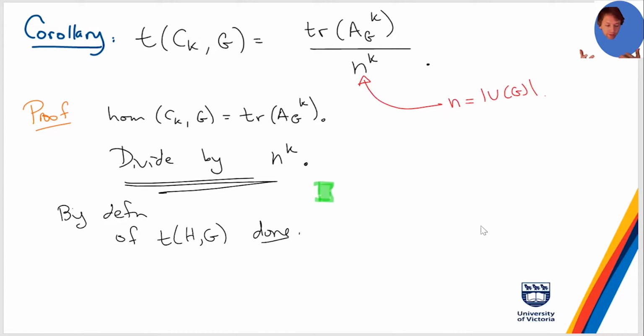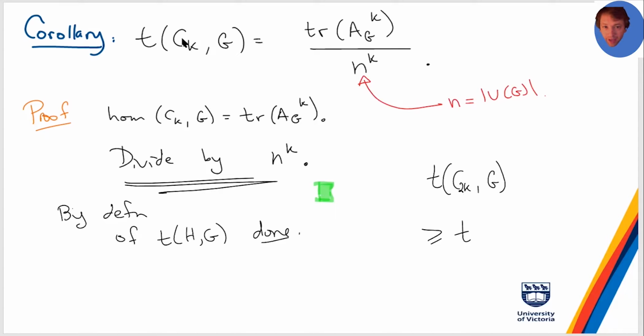Remember, I want to try to bound this thing from below. Now everything becomes trying to bound some function of the adjacency matrix below, so I want to prove that this is at least 2k.